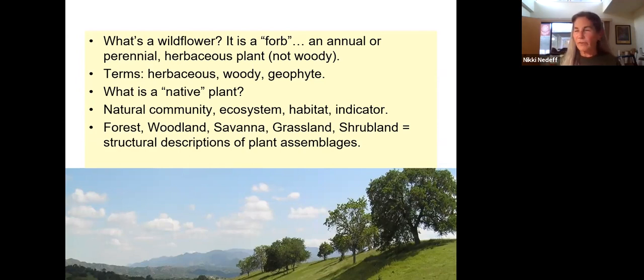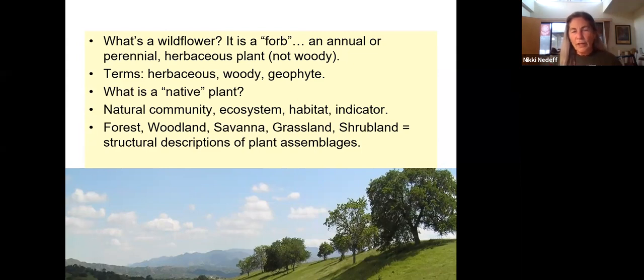We talk about forests, woodlands, savannas, grasslands, shrublands. Those are descriptions of plant assemblages, but those also imply natural communities, the collection of organisms that work together and interact and depend on one another to function as an ecosystem.